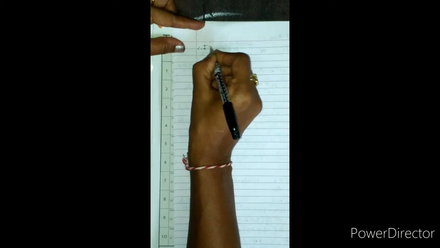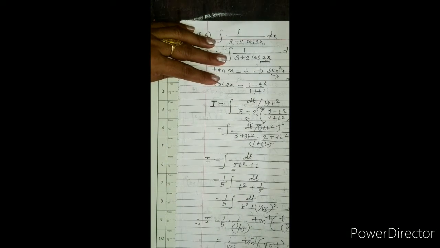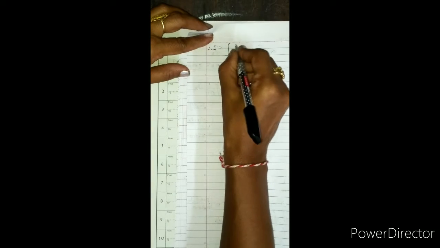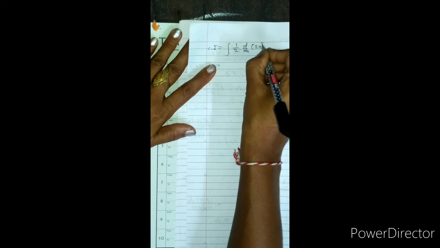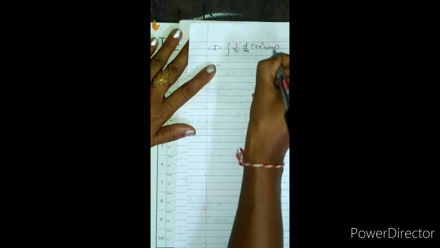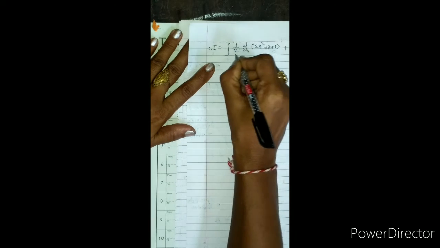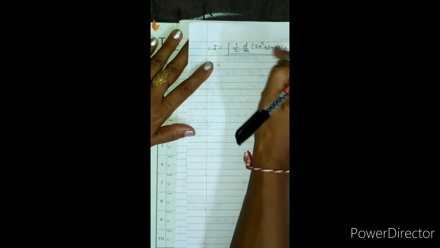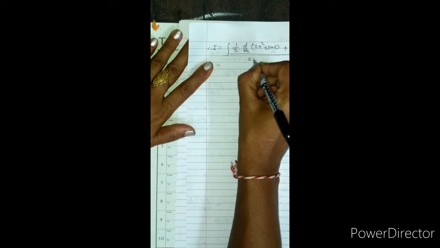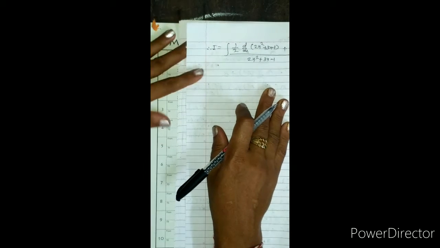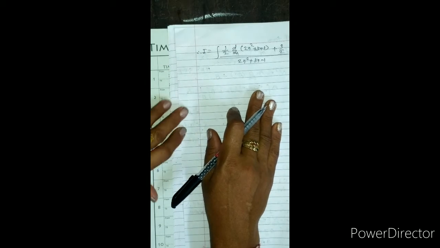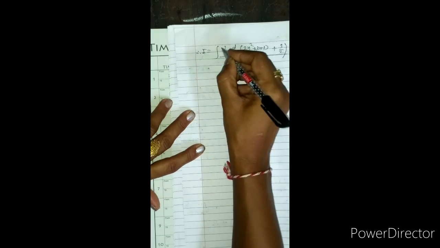So the whole integral I becomes the integral of a times the derivative of the denominator plus b, upon the denominator 2x square plus 3x minus 1, with respect to x, where a is equal to half and the derivative is d by dx of 2x square plus 3x minus 1. Now by using this method we can separate these two integrals.